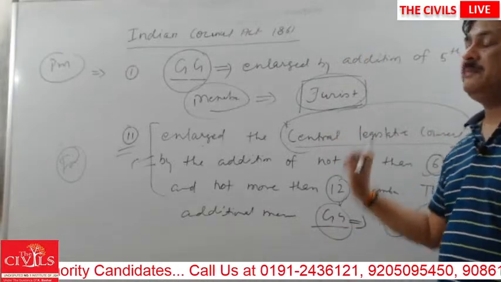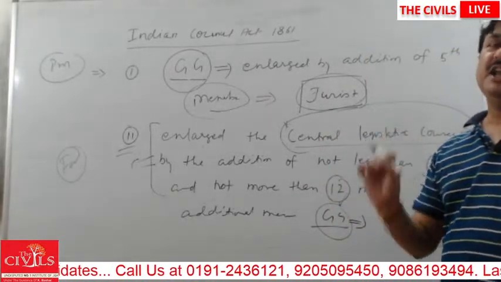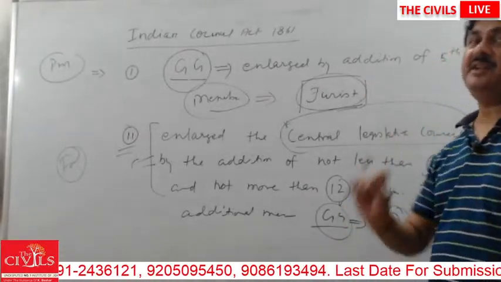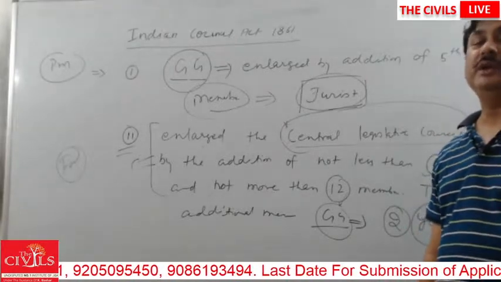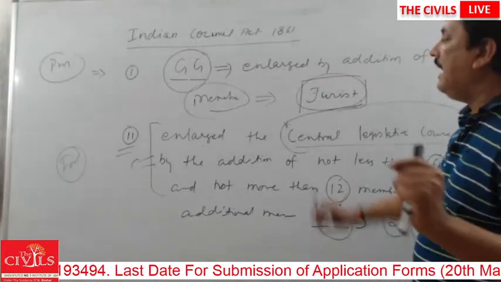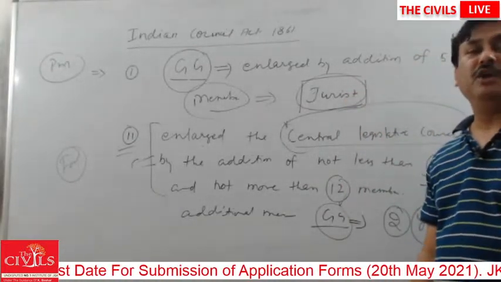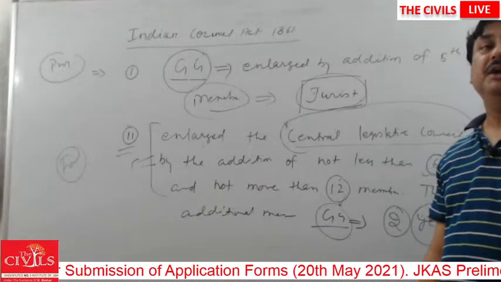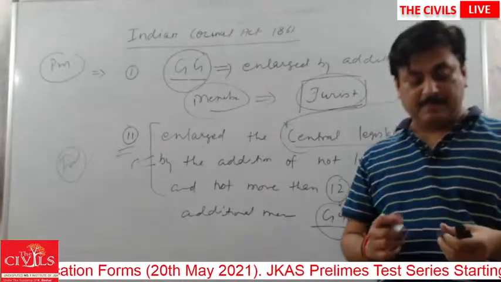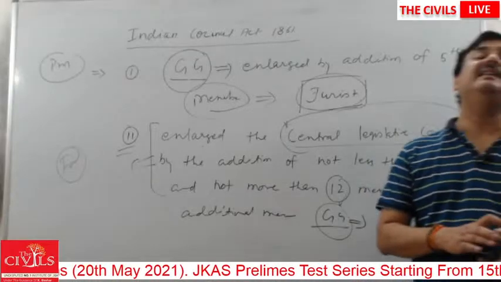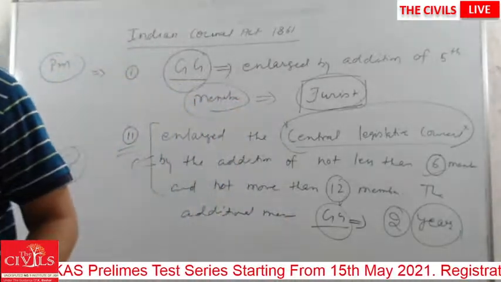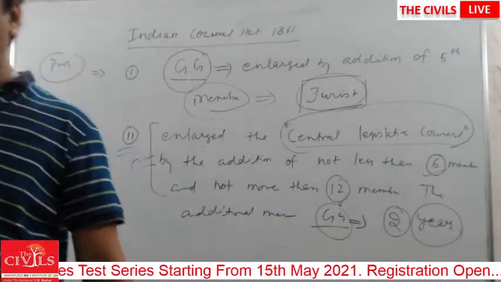The additional members would be appointed by the Governor General for a maximum of 2 years, and half of the new members would be non-officials, not from the civil, or any other government, civil and military services.